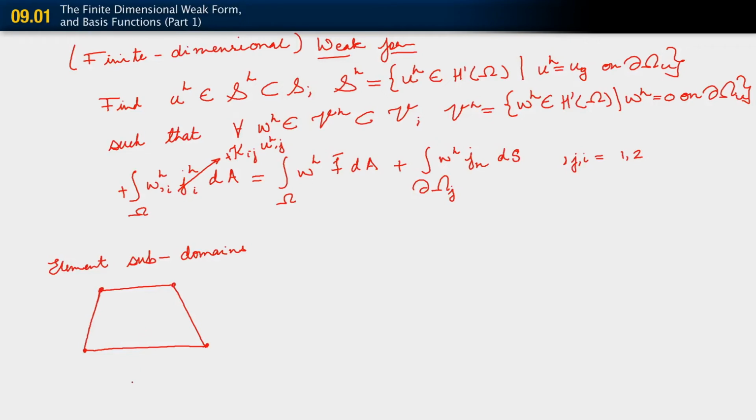All right, so this would be omega E. We would have A equals 1, 2, 3, 4, which we know would be constructed from a mapping from a bi-unit domain, and we studied this process.